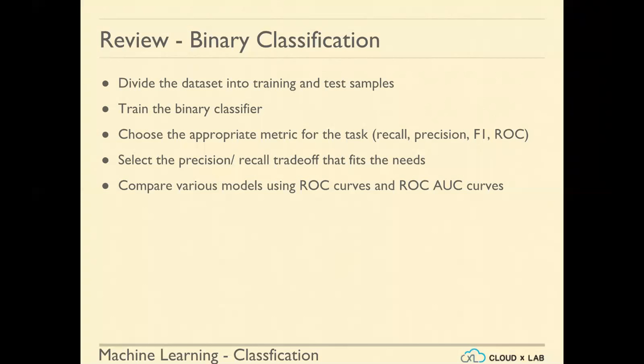Then choose the appropriate metrics for the task, whether you want to go for recall, precision, F1 or ROC. Select the precision recall trade-off that fits your need. Compare various models using ROC curve and area under the curve, the ROC AUC. Okay. AUC is area under the curve.